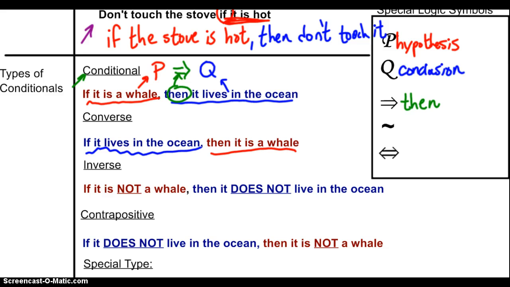So we could write Q, then P. That's telling us that Q, the conclusion, is coming first, and P, the hypothesis, is coming second after the then. One way to remember that actually Ms. Pierce told me was that if you think of Converse shoes, right?